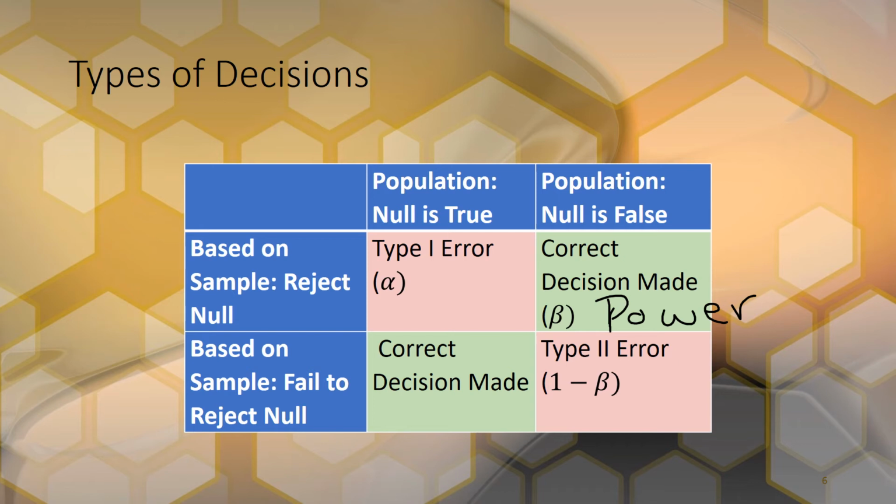Another error, though, is a type 2 error. And this is when we fail to reject the null, but the null is false. And it happens to be 1 minus beta.